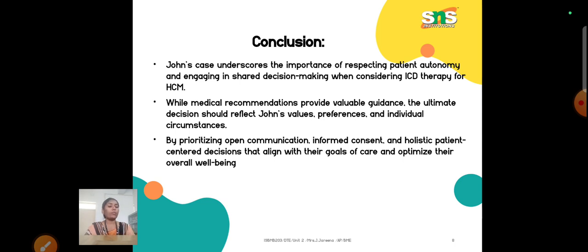They should also support the patient's decision making by clarifying all the doubts, so that the approach is a patient-centric decision. It will align with the goals of patient care and optimize their overall well-being. Okay, thank you.